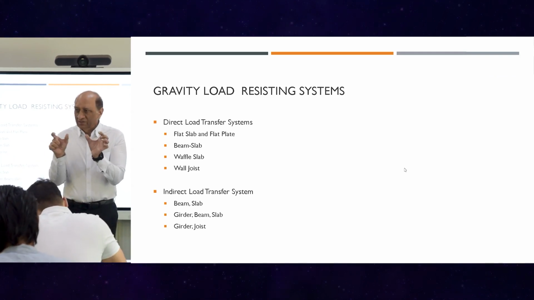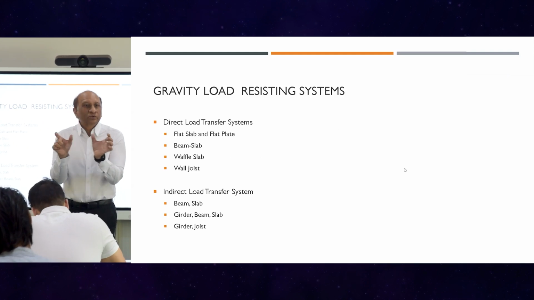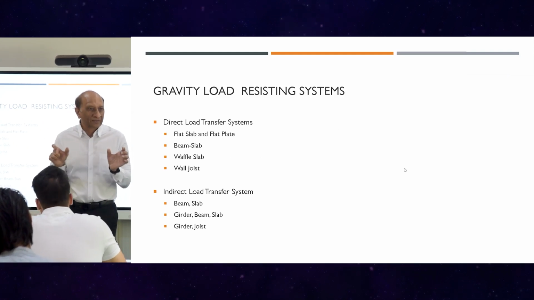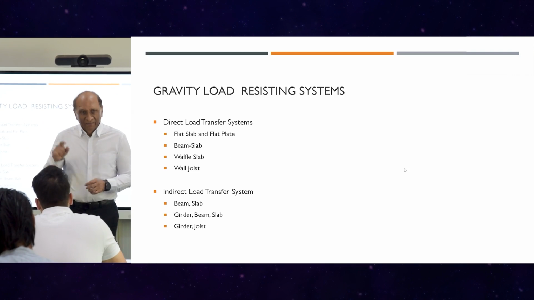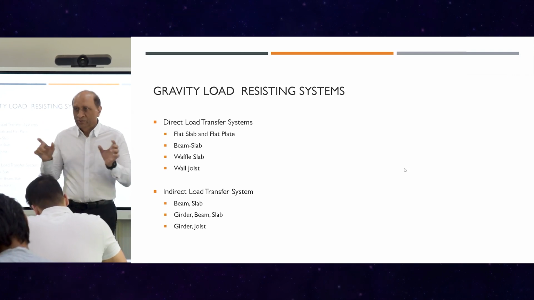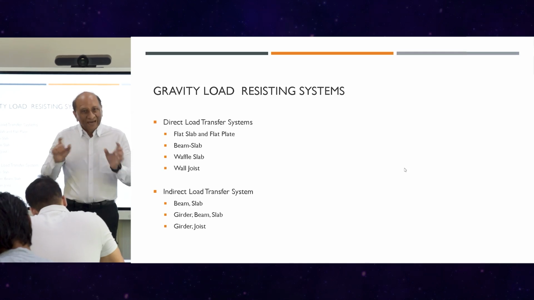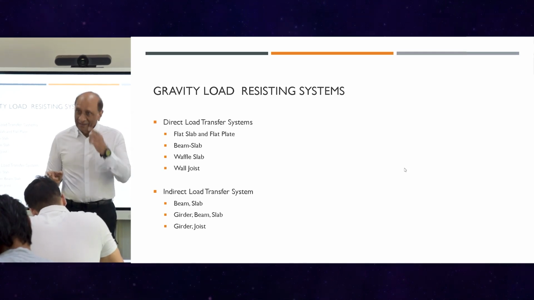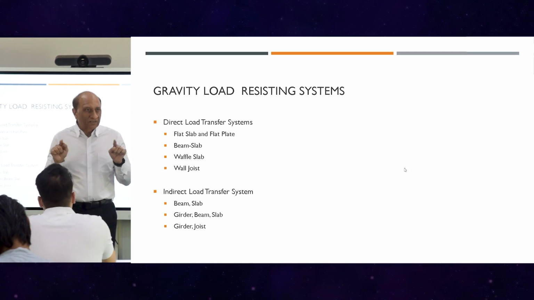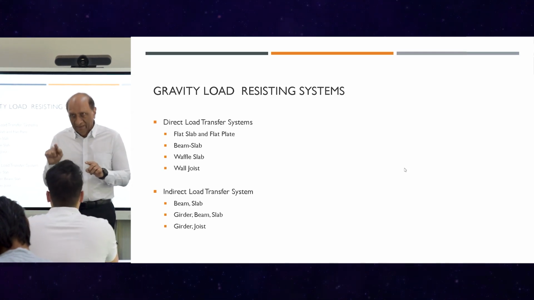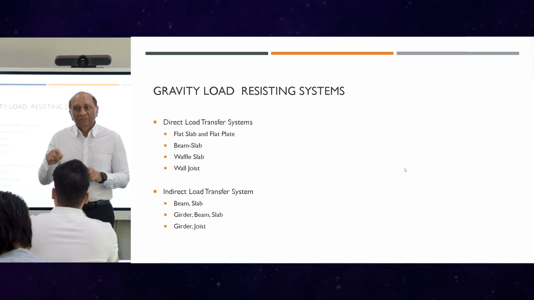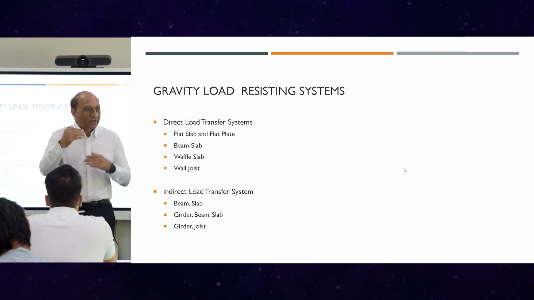When you put a dash, combining two things together, you are supposed to read it as one term or one word, which means it works together. When you put a comma, it is two separate things, but you're talking about them as a group. This is exactly what is happening in the load transfer mechanism. One is a combined system that works together, and one is a system that works step by step, one after another.